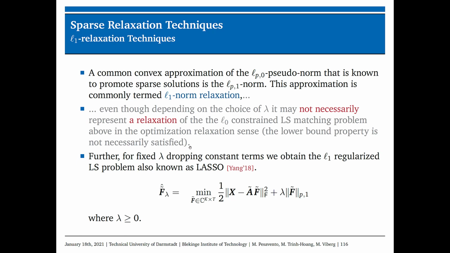With the L1 relaxation and dropping constant terms, the least squares matching for fixed lambda results in a mixed L1 norm regularized least squares problem as given over here.